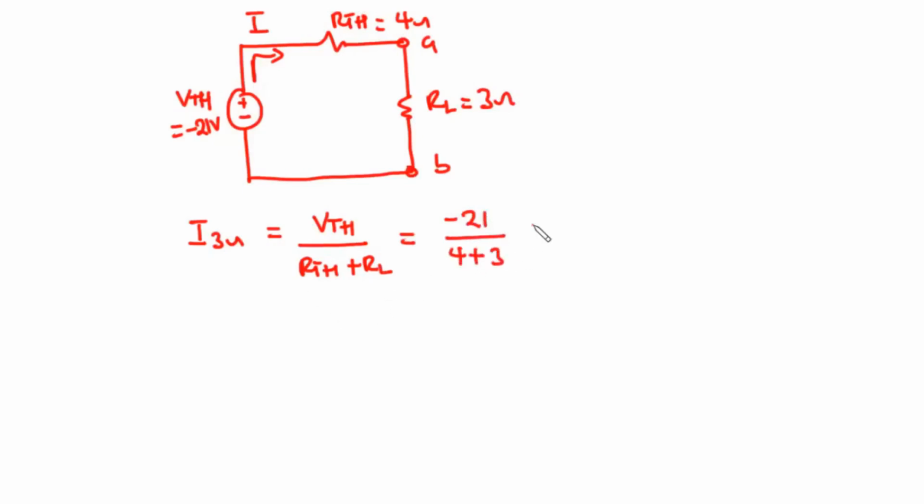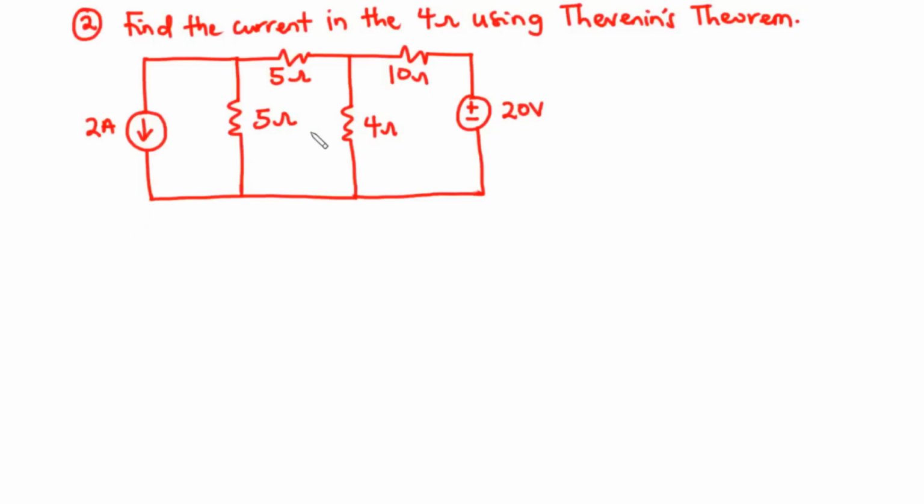We have VTH to be minus 21 divided by RTH 4 plus RL 3. This becomes minus 21 divided by 7. Therefore we say that the current flowing through the 3 ohm resistor is equal to minus 3 amperes. So we have found the solution to this problem.